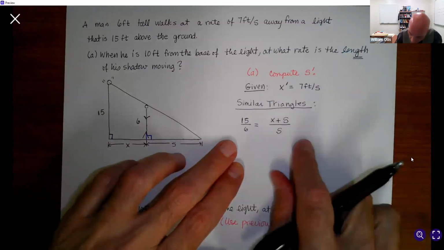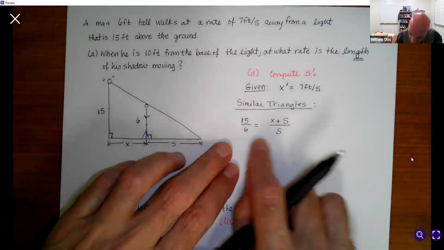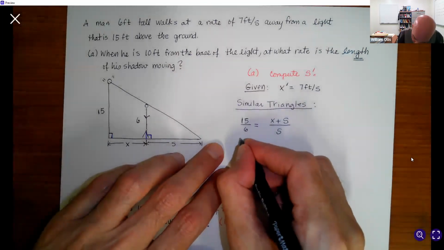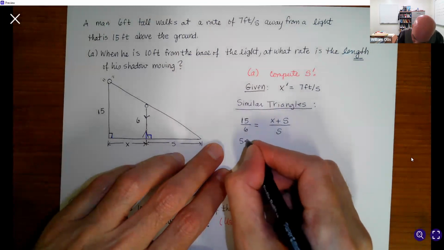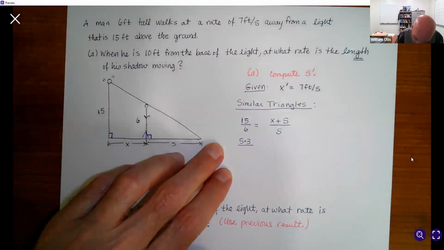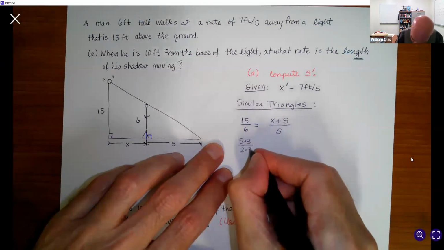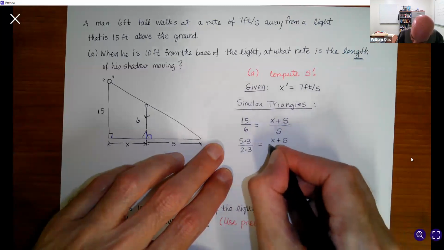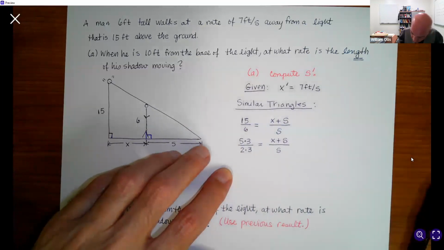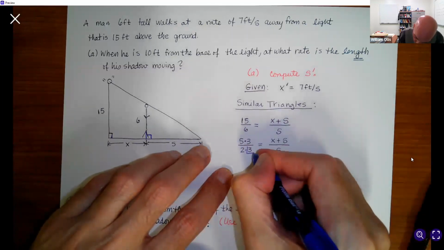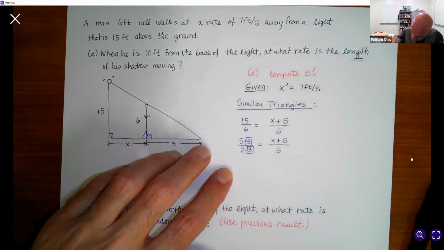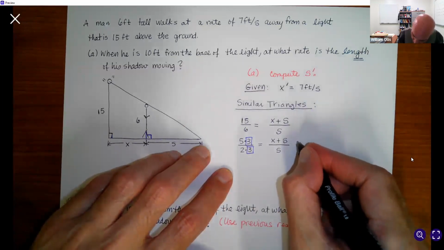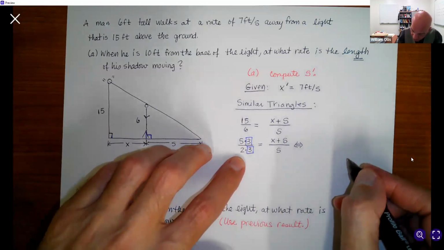So now we can go ahead and reduce some of this. Of course, we have a 2 times a 3. So this is a 5 times a 3 and a 2 times a 3 equals X plus S divided by S. And of course, the 3's absorbed. So now, if you like, we can just go ahead and cross multiply just to make the process look a little easier.